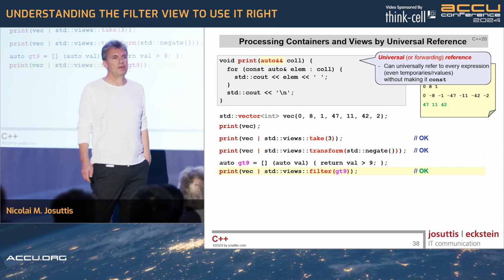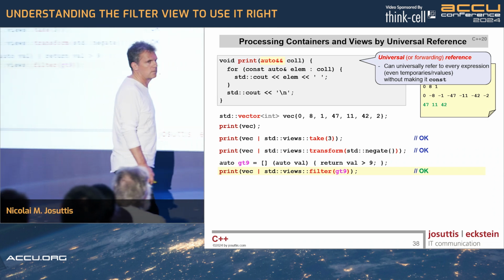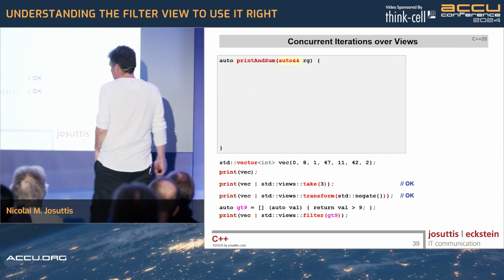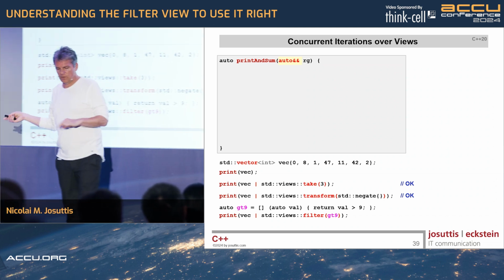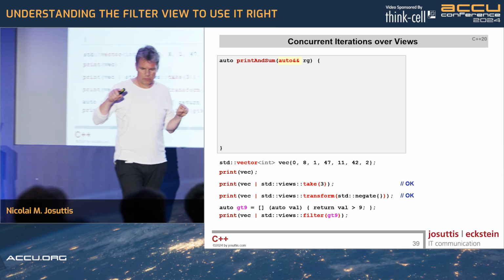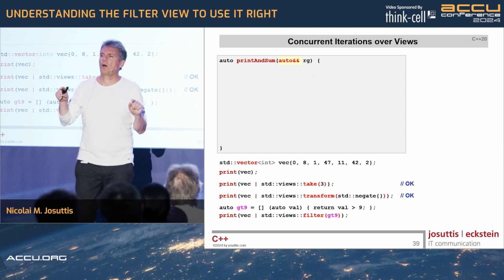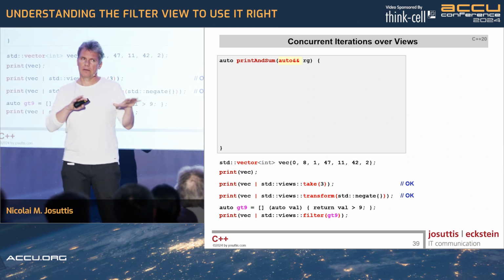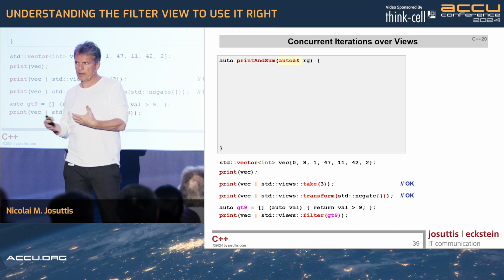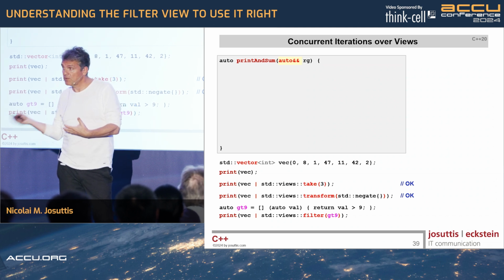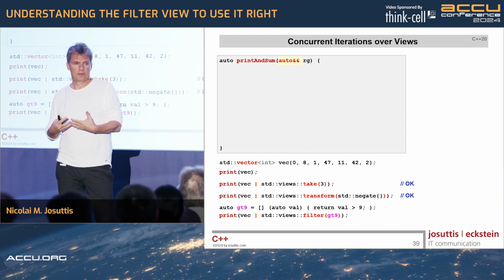The call of empty is no longer thread safe. Which means if directly or indirectly, two different functions use the same view at the same time and call begin at the same time, directly by iterating or indirectly by calling empty or front, you have undefined behavior.